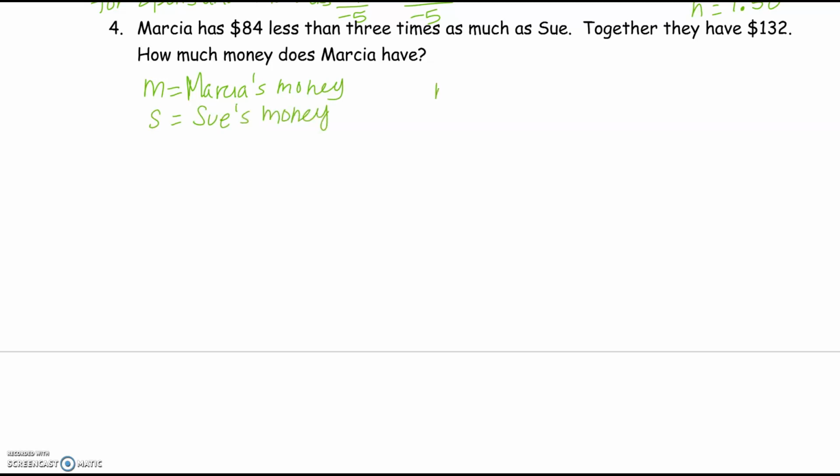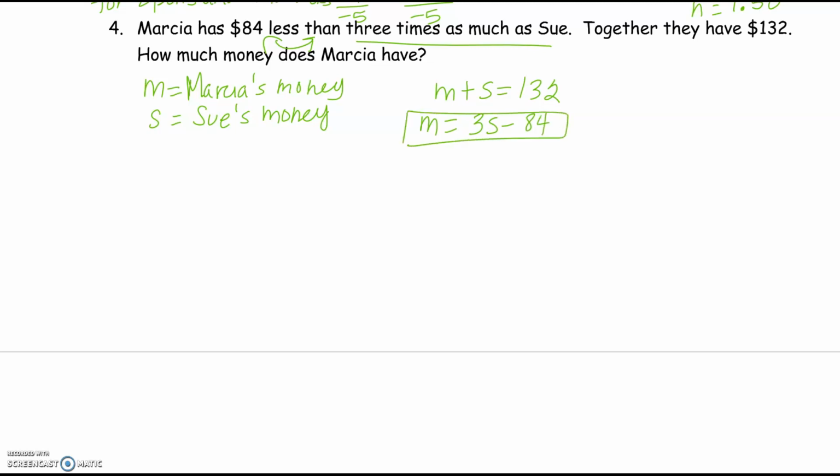Together they have $132: Marcia plus Sue equals 132. Marcia has $84 less than 3 times as much as Sue, so this is going to be M equals 3S minus 84.